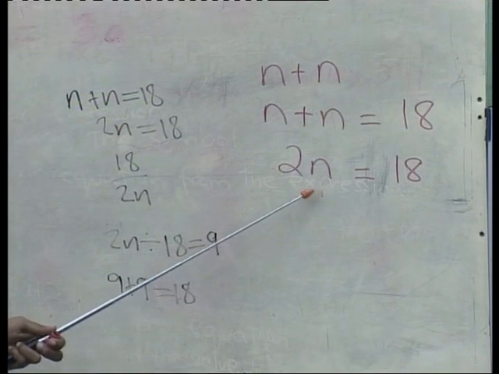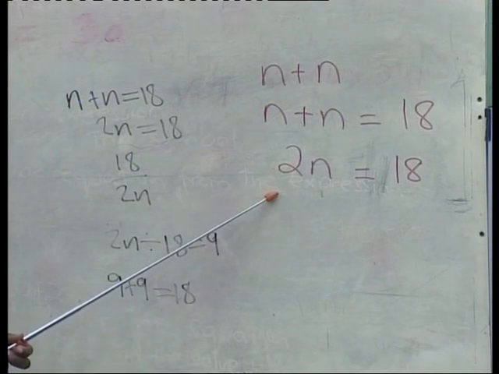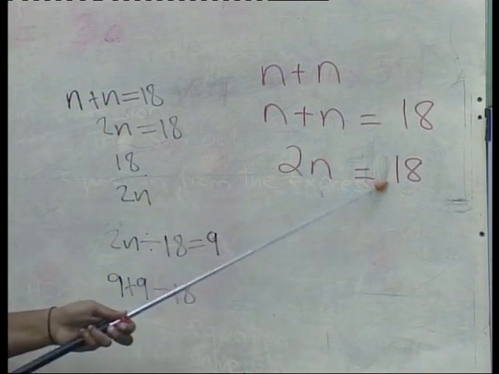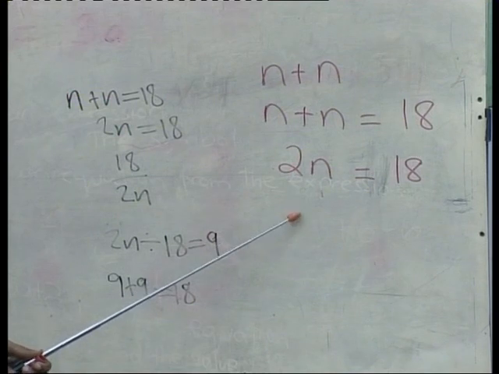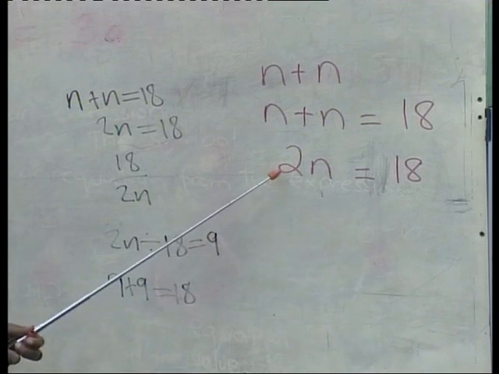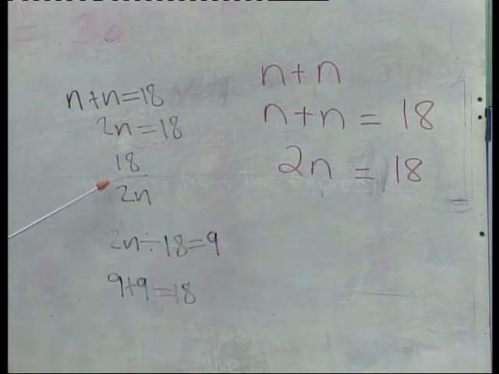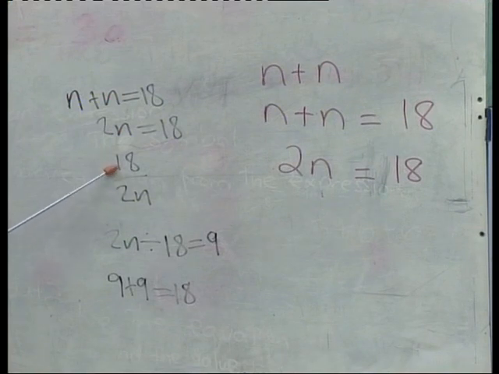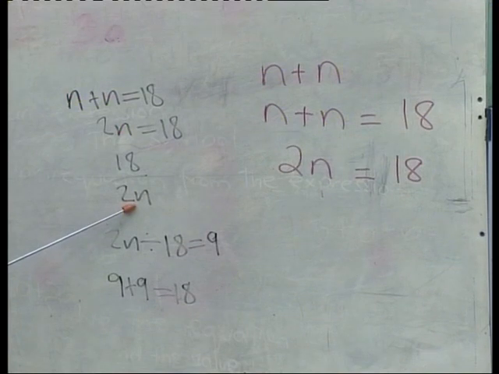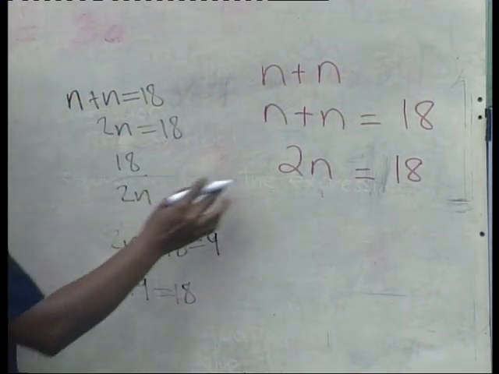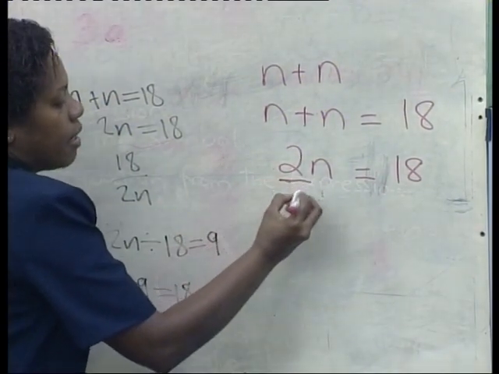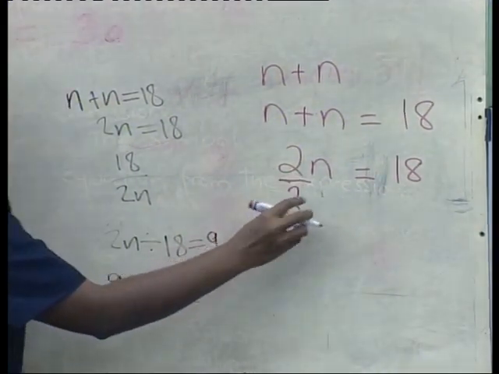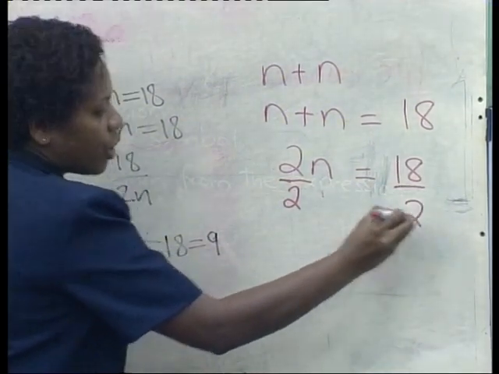You are going to divide on both sides to remove the 2. So we are going to divide 2 on both sides. Now here, Donald, he put 18 over 2n. Is it correct? We are going to divide 2 on both sides. 2n over 2, 18 divided by 2.